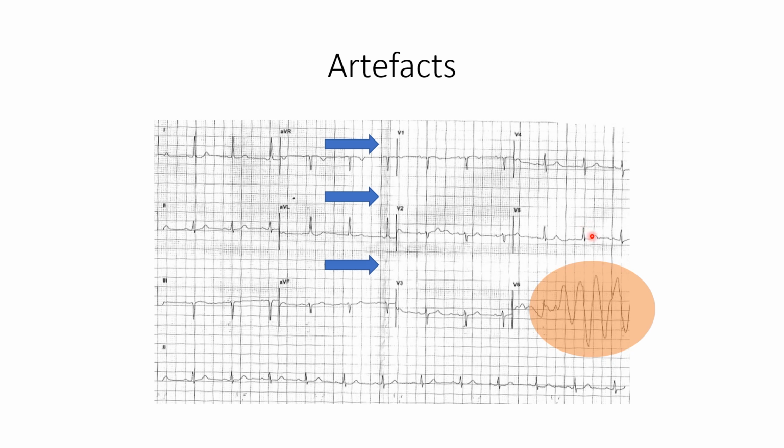So if this is not correlating with this or correlating with this, then this is an artifact. This is not a true VT or wide complex tachycardia. This is just noise. However, if it was all the way through here, then that's another thing.